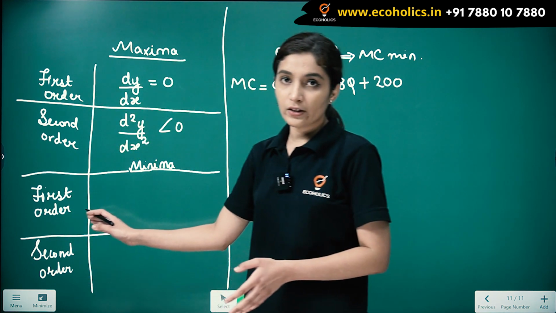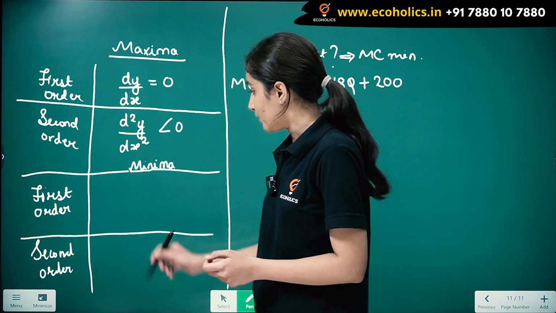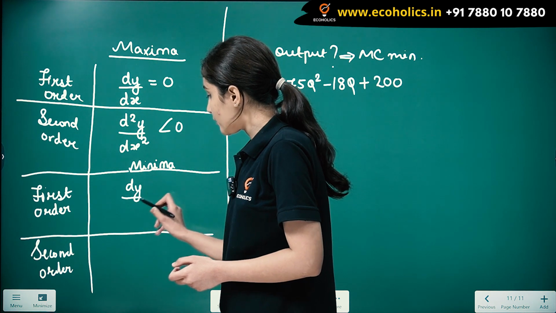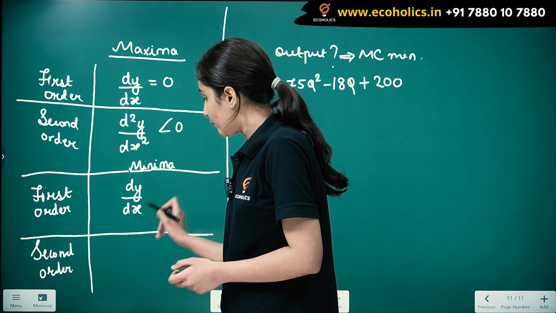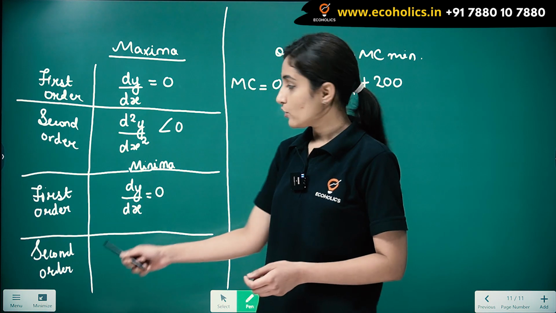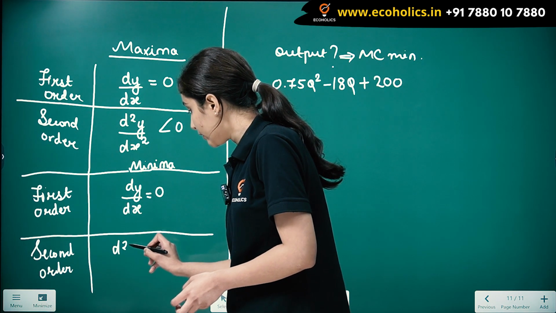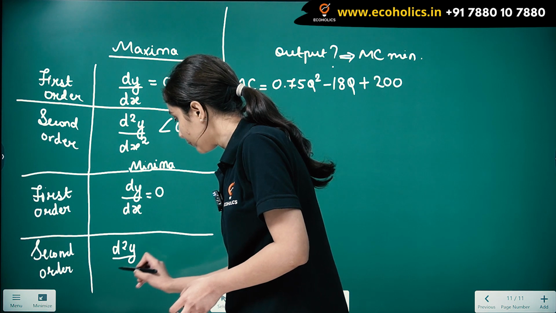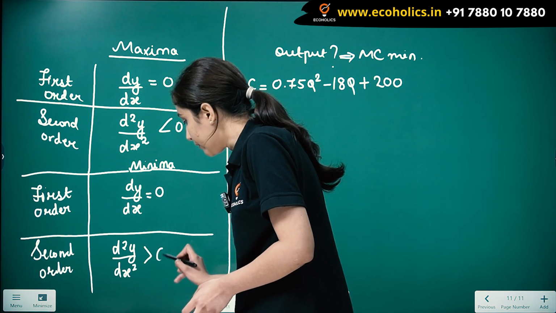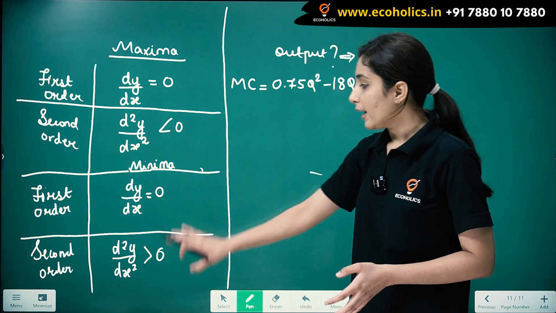So our first order condition is necessary condition and our second order condition is a sufficient condition. First order condition states that our first order derivative, we equate it to 0, and our second order condition for minima states that our second order derivative should be greater than 0. So our second order condition varies for minima and maxima.